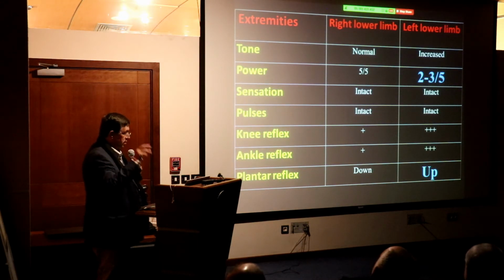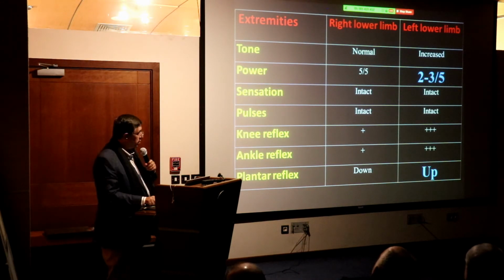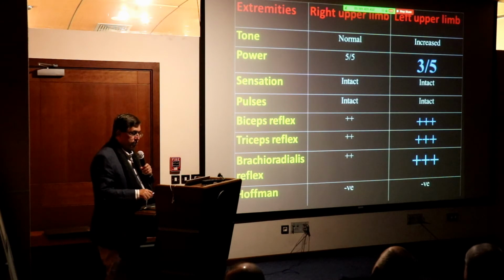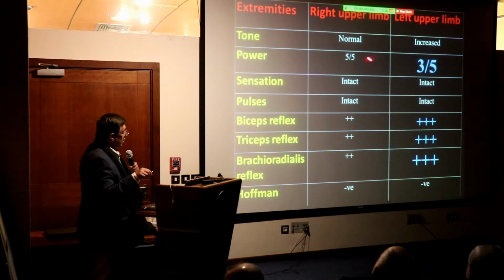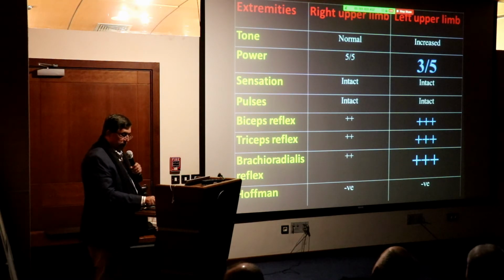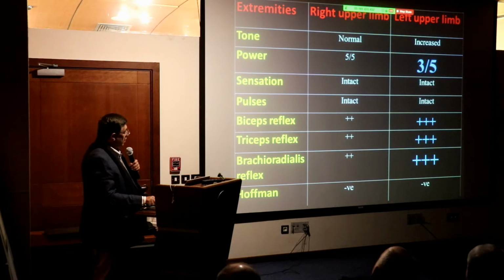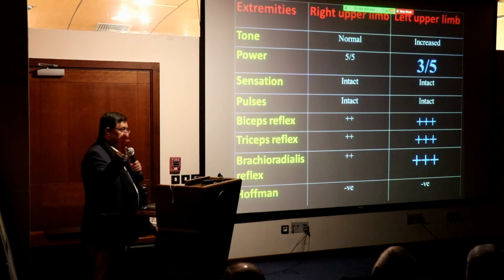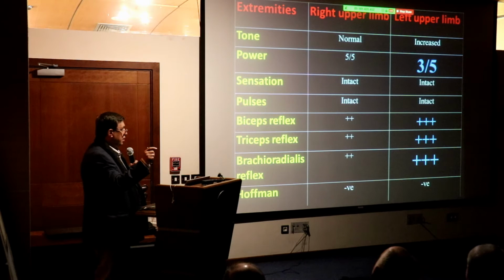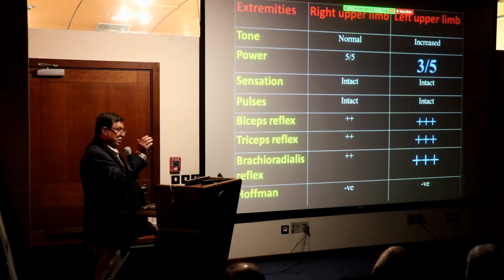So all this shows she has an upper motor neuron lesion. She has got a brain lesion. Same thing with the upper limbs. On the left side, she had 3 over 5 weakness, and her reflexes were brisk. Again, this is an upper motor neuron lesion, denoting the brain lesion. And with the frontal lobe behavior, you can pinpoint that this is a frontal lobe lesion.